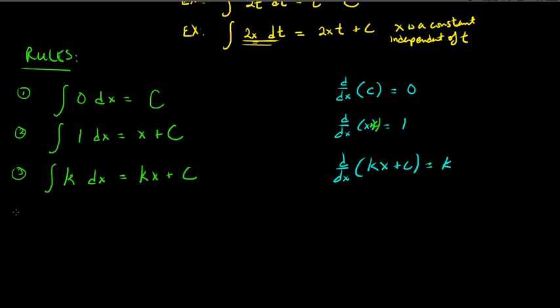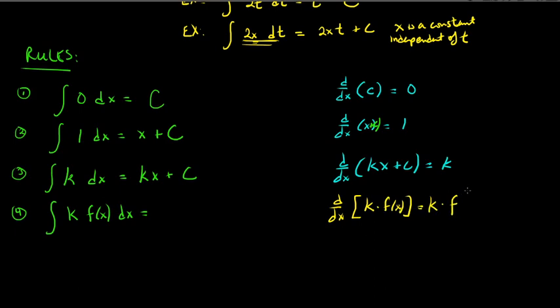And we can do even better than that. If you take the integral of k times any arbitrary function, right? Well, we have the corresponding constant times function rule for derivatives, right? If you take the derivative of a constant times a function, it's just that constant times the derivative of that function, f prime of x, right?